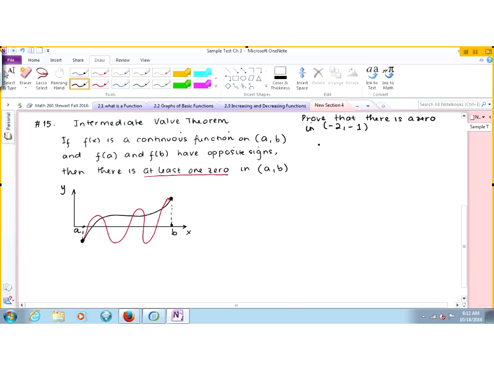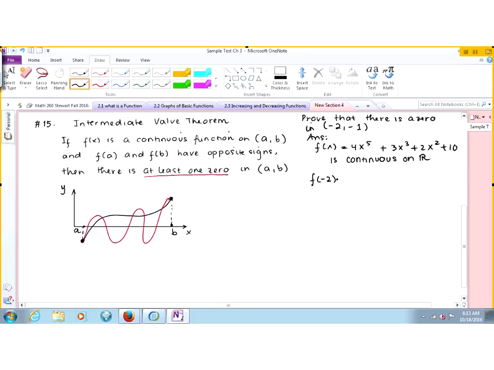These are the elements of the proof. So f of x equals 4x to the 5th plus 3x cubed plus 2x squared plus 10 is continuous on all real numbers. This is a polynomial function.